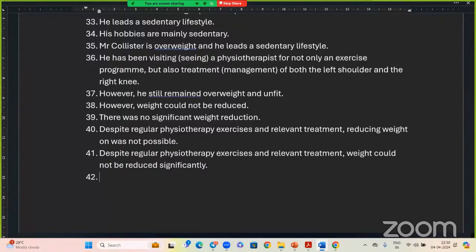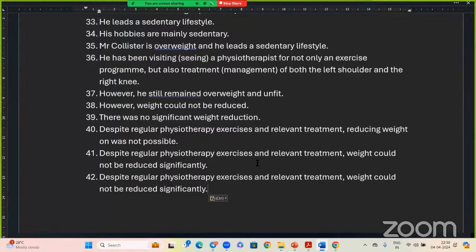Or you can also say like this: despite regular physiotherapy exercise and relevant treatment, there was no significant weight reduction.